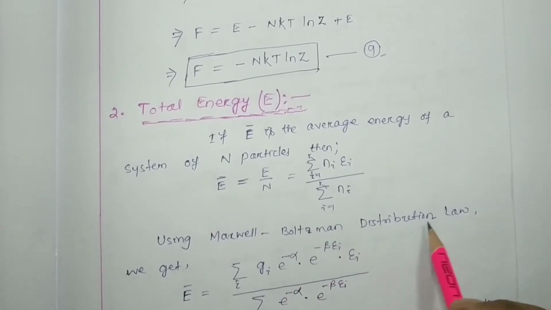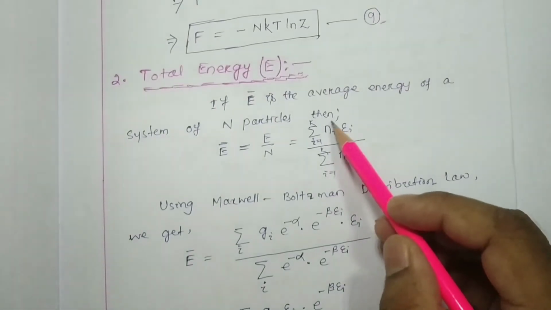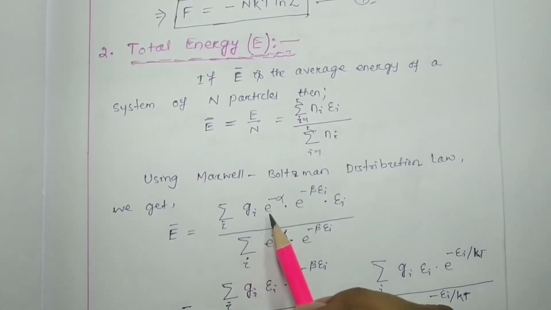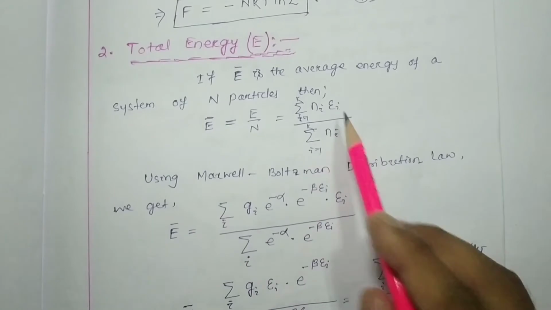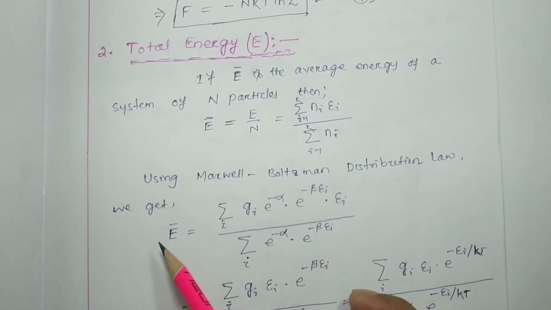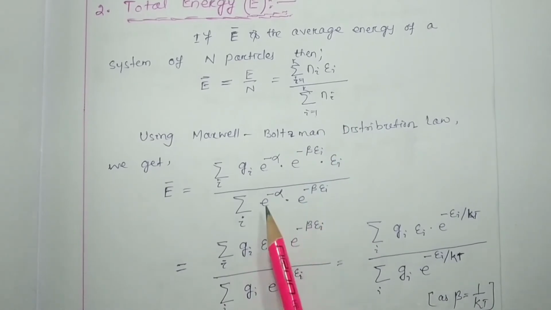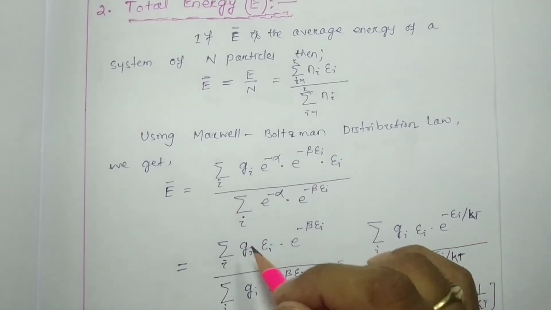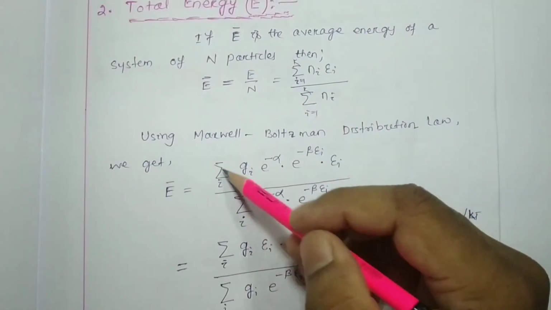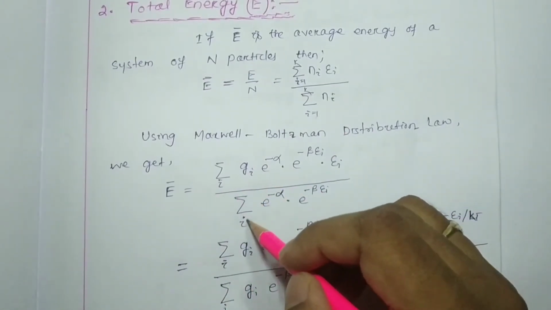Using the Maxwell-Boltzmann distribution law, this Ni can be written as Gi e to the power minus alpha e to the power minus beta epsilon i. Here I have not written i equal to 1 to k each time; you just consider it has been written intrinsically.